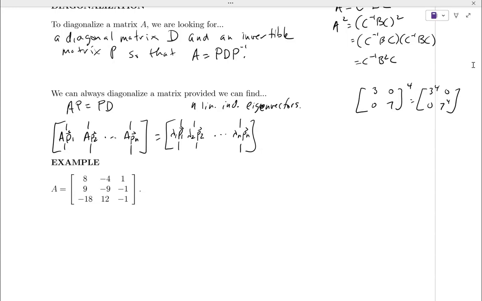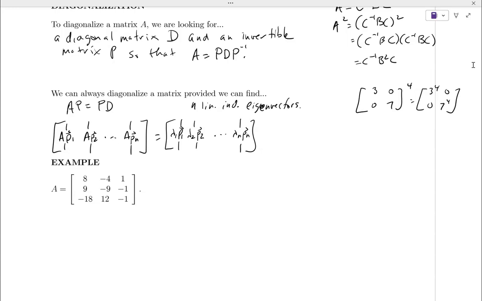So we talked a little bit yesterday, or on Wednesday, I mean, about when we can do that. So this is more of the situation that we were looking for. If I have AP equals PD, if that's what I want to set up, then I notice that on the left-hand side, when we do the product, I can think of just taking A times each of those individual columns.